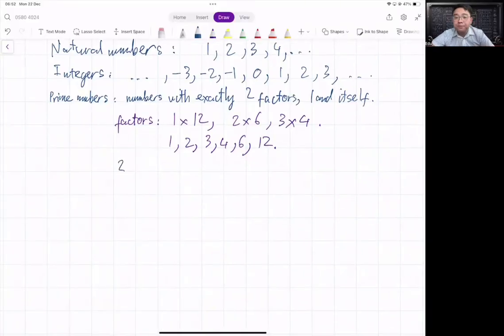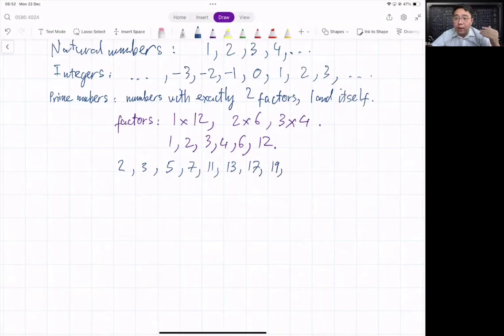Next one is two. Two has two and one. Okay. Three, 5, 7. There's no 9, because 9 has 3 times 3 in it, so there are three factors, 1, 3, and 9. Next is 11, 13, 17, 19.